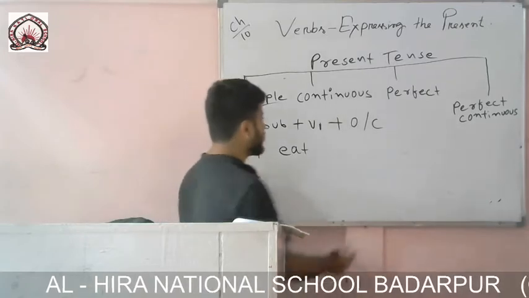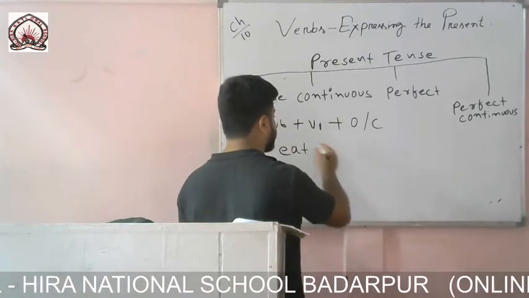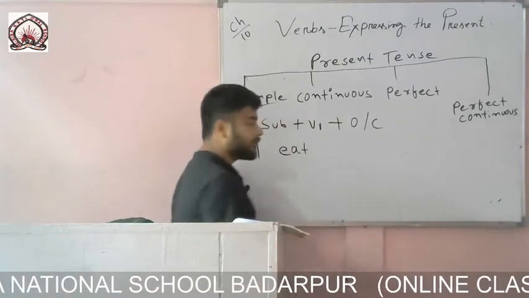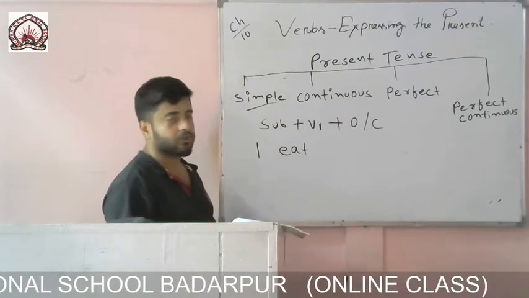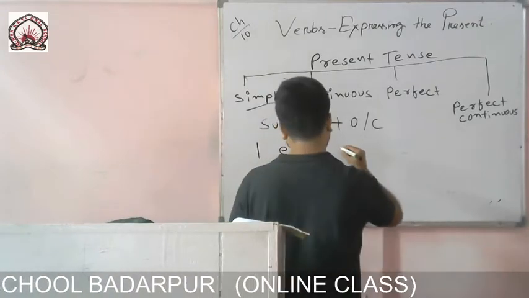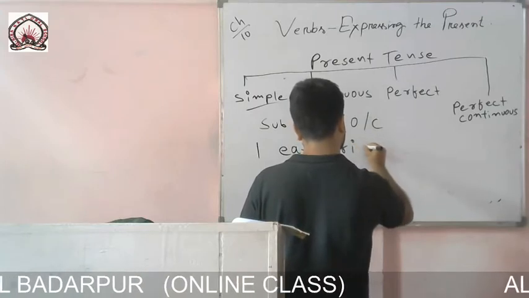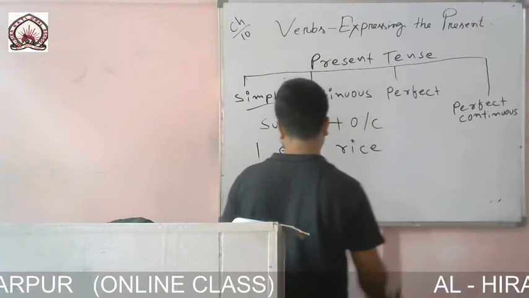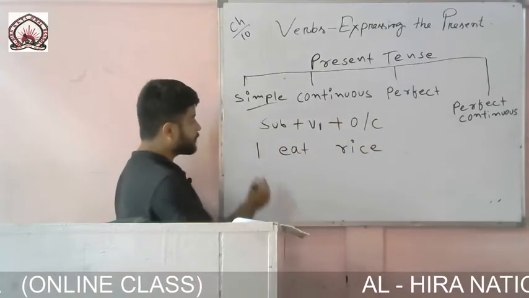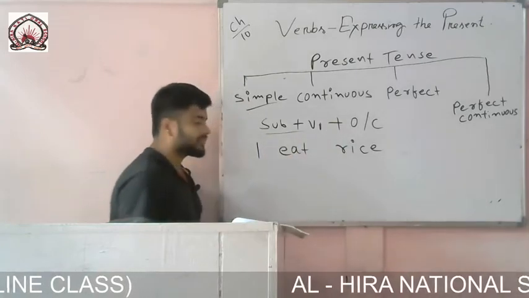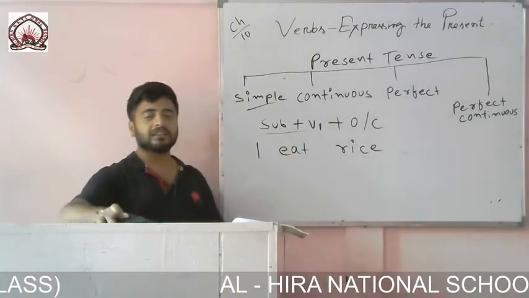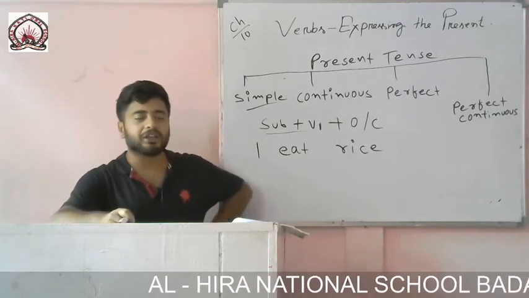So, I eat. After verb 1, what do we have to write? We have to write an object or complement. Here I am writing, I eat rice. Rice is the object here. The most important part is this one, that is, subject plus verb 1.